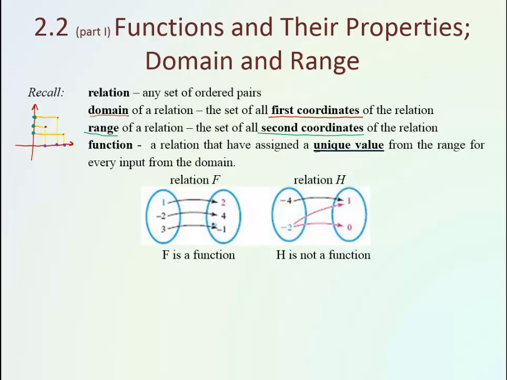There is only one arrow coming out of any point from the domain. While relation h does not represent a function, it is just a relation but not a function, because for the number -2 we have 2 values that are assigned to it. Like 0 is assigned to -2, 1 is assigned to -2, so we don't have the uniqueness of assignment. Therefore, the relation h is not a function.